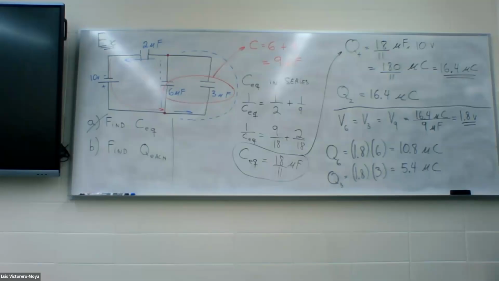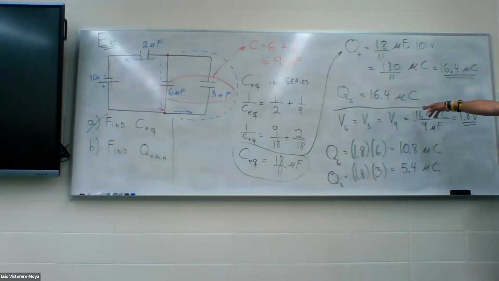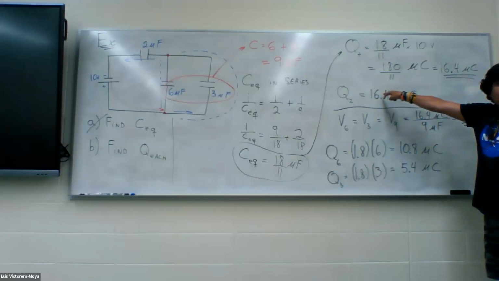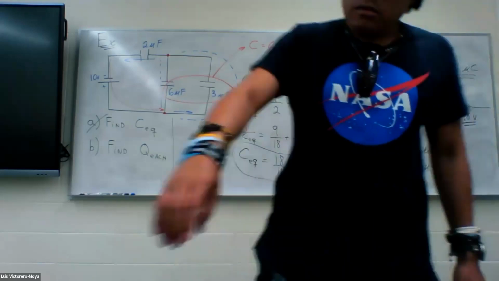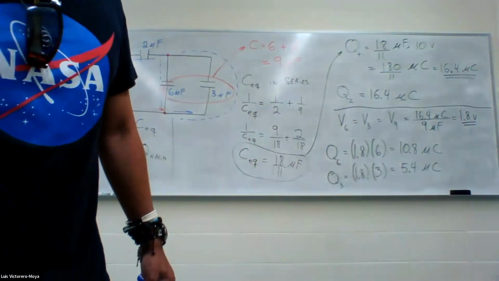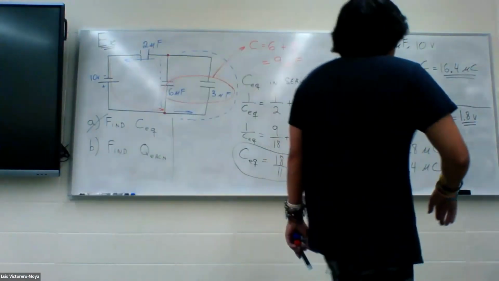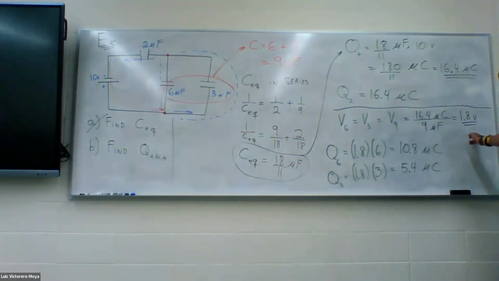That's because of the approximation, because of this. Okay. That is approximately 16.36. I rounded to 16.4. And this actually gives you 1.82. So that's why. So I'm rounding these numbers. But even when you add them, you get 16.2, so approximately.